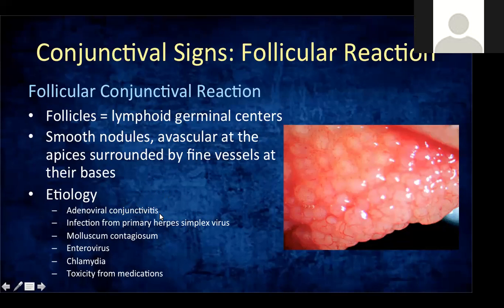So this is your typical sore eyes or conjunctivitis that is common in the summer months. You can also see this type of reaction in herpes simplex virus, in toxicity for medications, in a particular type of infectious conjunctivitis, your chlamydia. So these are the examples that show your characteristic follicular conjunctival reaction.